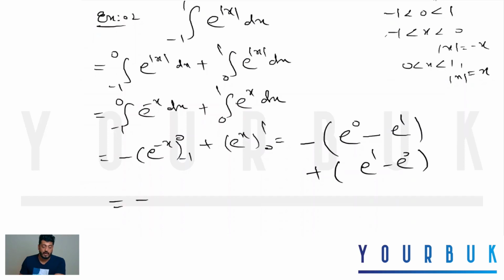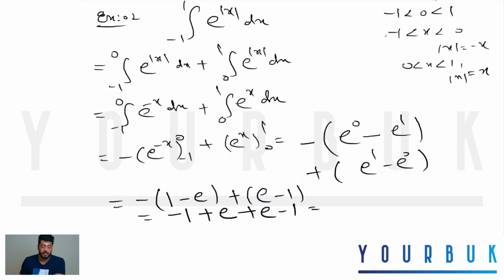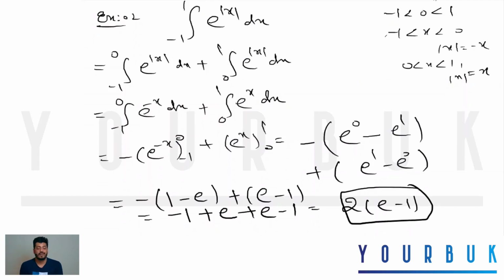So this will be minus, e to the power 0 is 1, minus e, and then plus e minus 1. So this will be minus 1 plus e minus 1. So it will be 2 times e minus 1. I hope this is clear to everyone. So this completes this question, that the answer is coming out to be 2 times e minus 1.